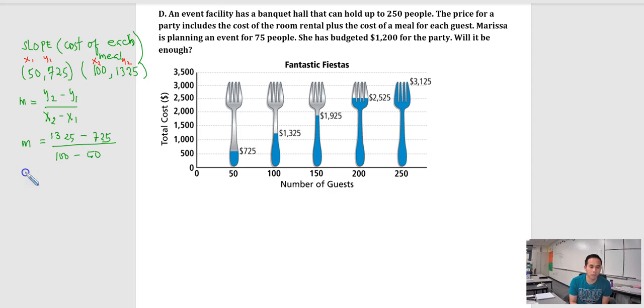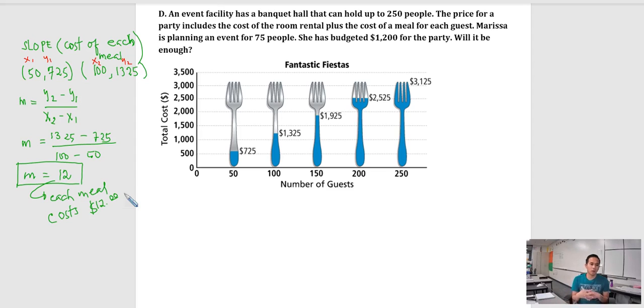That will give us m is equal to 12. Thus, we can say that each meal costs $12.